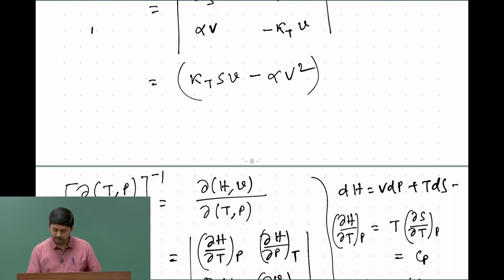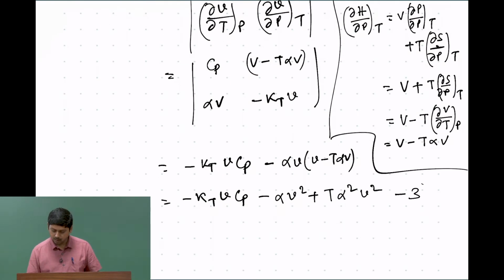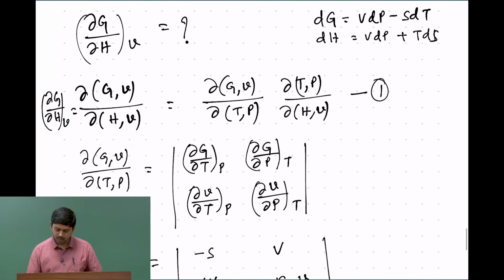So, let us say I write this as 2 and this one I write as 3. Now our original equation was the 1.